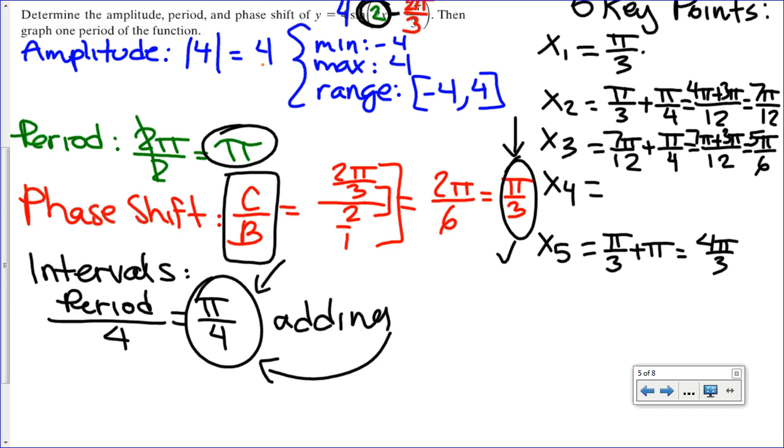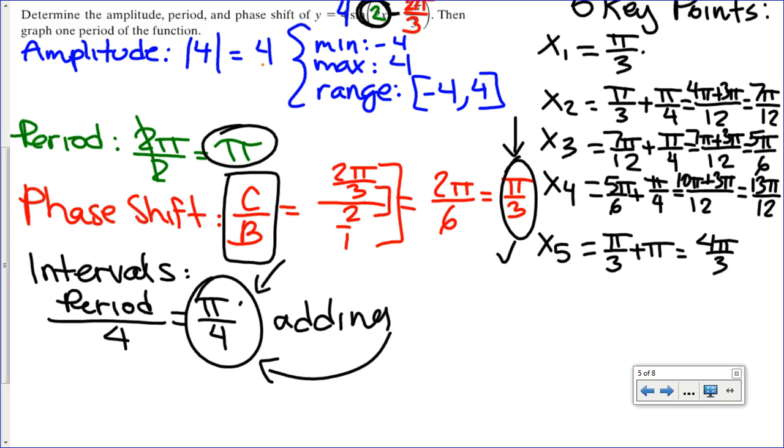The next one will be 5 pi over 6 plus, again, pi over 4. So this will be 10 pi over 12 plus 3 pi over 12, so that will be 13 pi over 12. Okay.